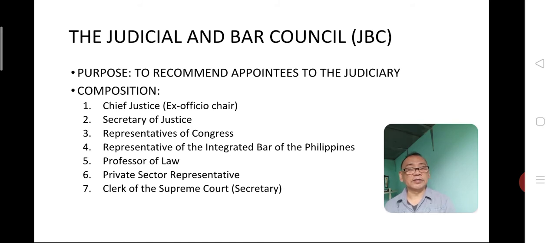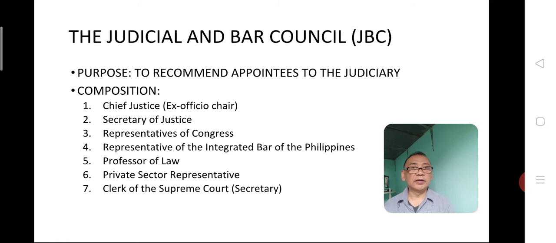Now, the Judicial and Bar Council. Kanina nabanggit natin ito, ang JBC, they are the ones who recommend appointees to the President, and actually their work is to screen the justices or yung mga judges na ilalagay sa bawat court.